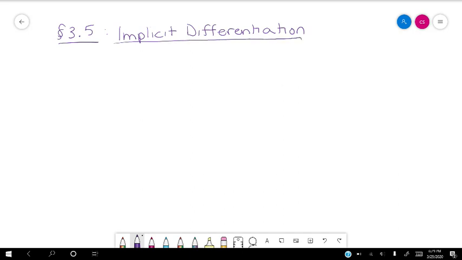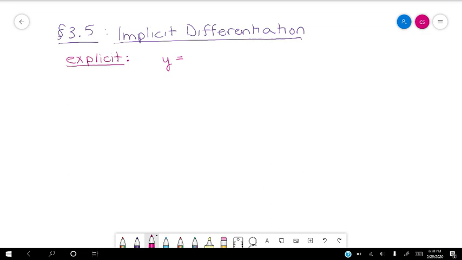So up until this point, we've been dealing with explicit differentiation. So explicit, it's kind of clearly defined. We're being very direct, and in this case, very clear on what y is equal to, the dependent variable.